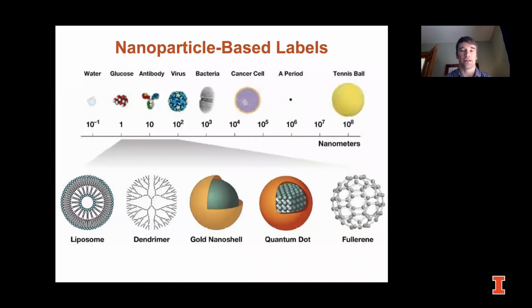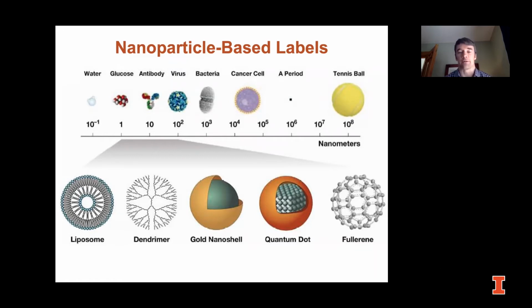In the last 20 years, there's been a really big revolution in the ability to make these out of a wide range of new types of materials. In particular, nanomaterials have become a very big focus of making the next generation of molecular labels and molecular probes for the biological sciences. They provide a lot of unique value that I'll go into in a moment, but there's also a very wide variety of these.